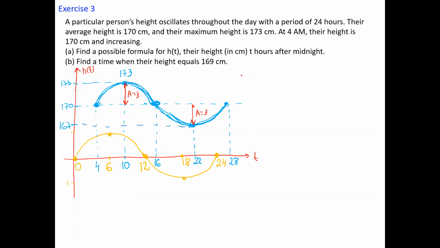The general formula for height with respect to time is A, amplitude, times sine of the quantity B, which depends on the period, we will calculate it, and then minus the quantity C, which is a horizontal shift. We know how many hours we went to the right.